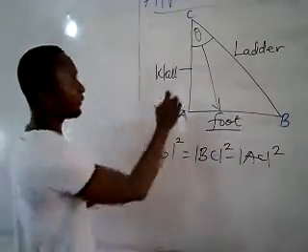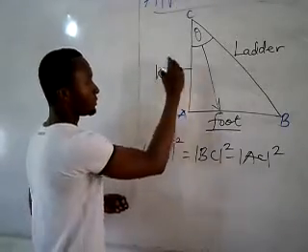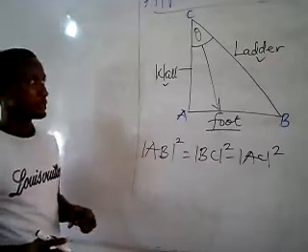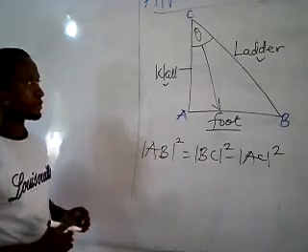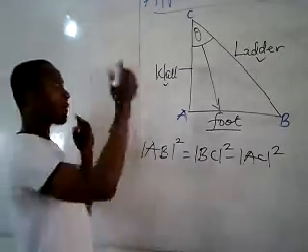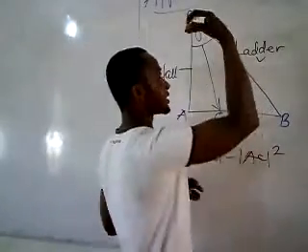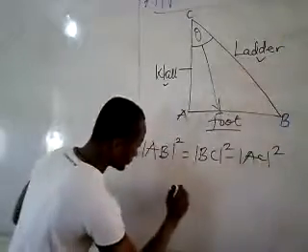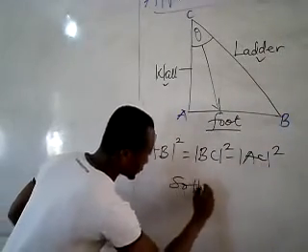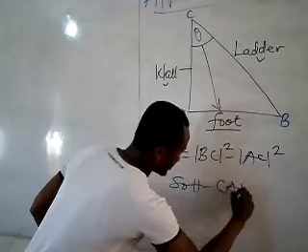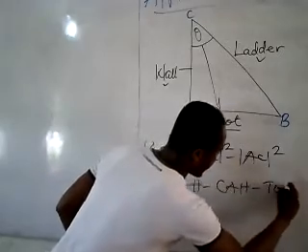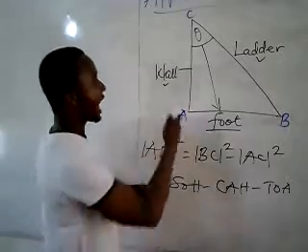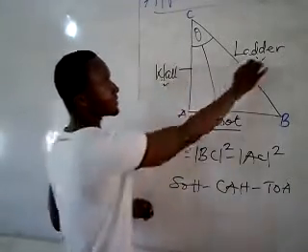Now if you have a value for the wall and the value for the ladder, that is the hypotenuse, it means that we go back and look at the slogan we used in our previous lesson. The first one was SOH, CAH, TOA.